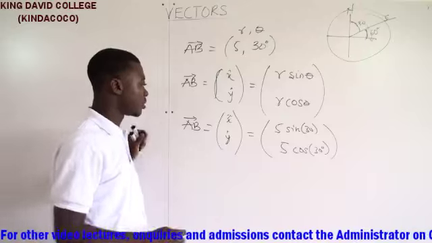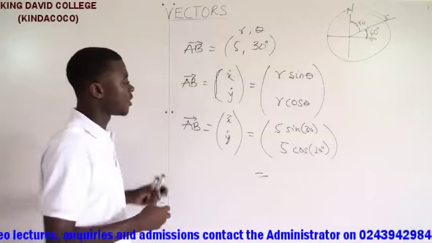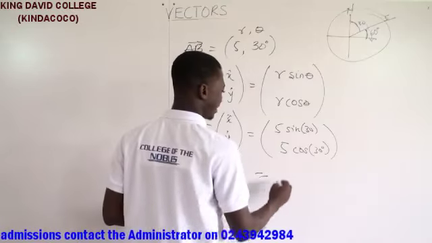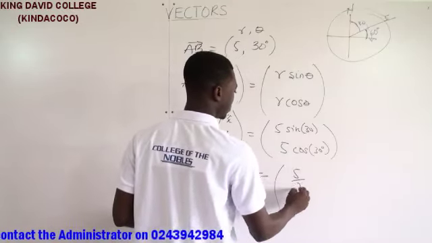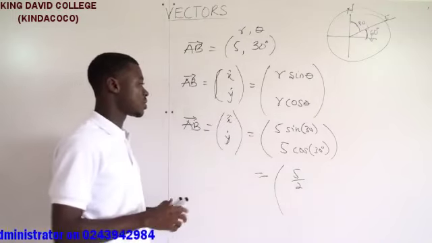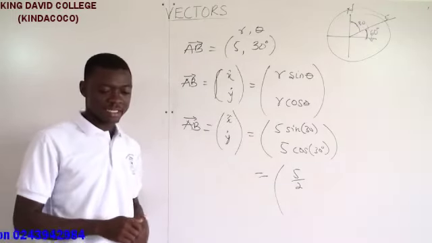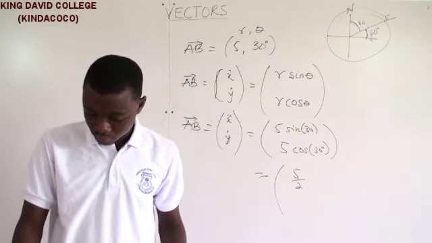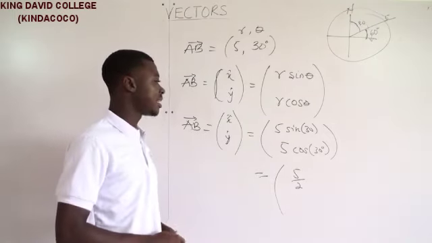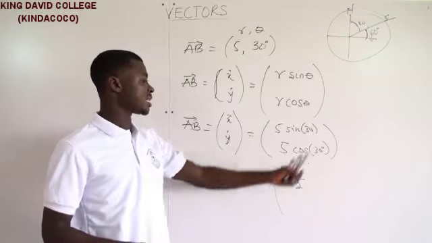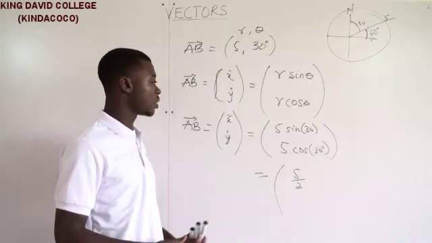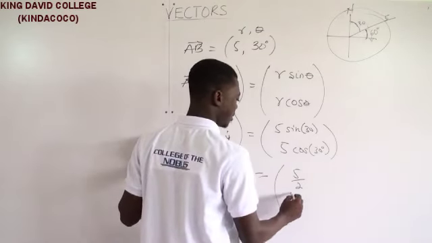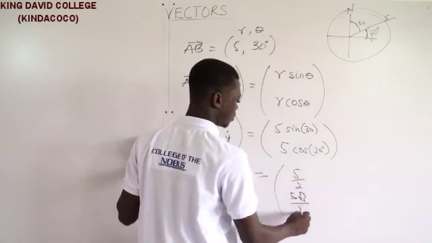So 5 sine 30: sine 30 is a half, so that is 5 over 2. And 5 cos 30: cos 30 is root 3 over 2, so multiplied by 5, I will have 5 root 3 over 2.